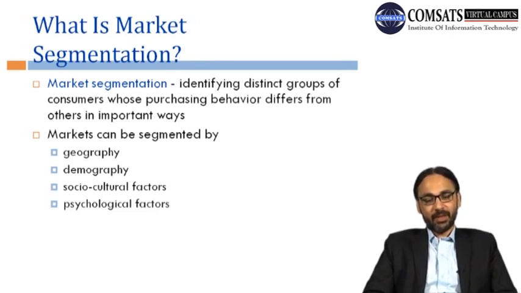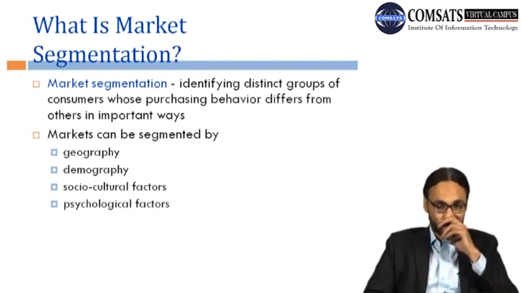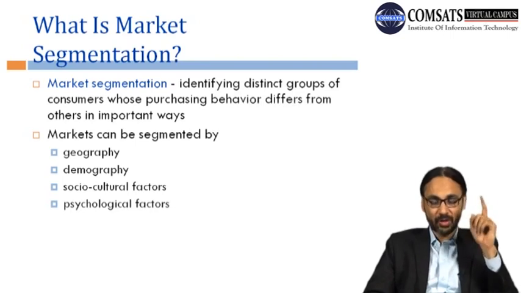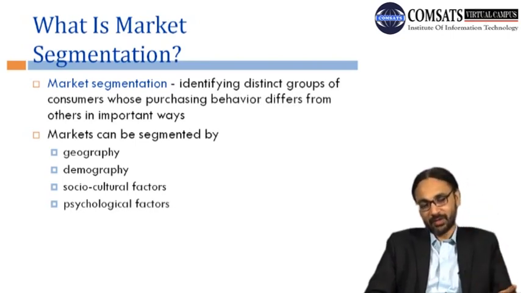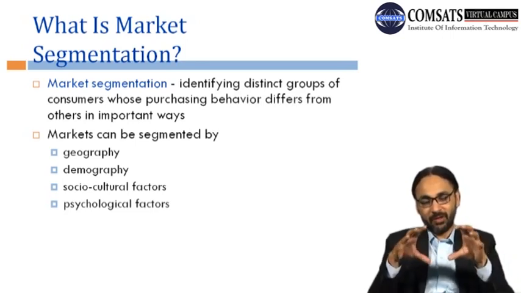Markets can be segmented by geography, demography, socio-cultural factors, and psychological factors. These are the different bases on which markets can be divided, and the company can cater to these different divisions of the market differently.